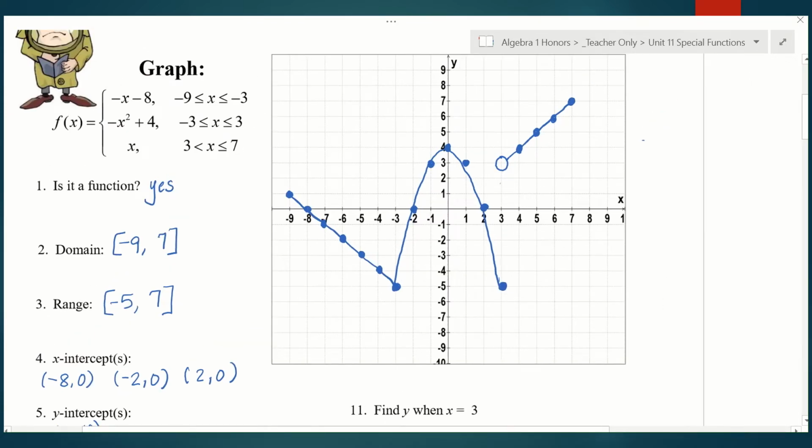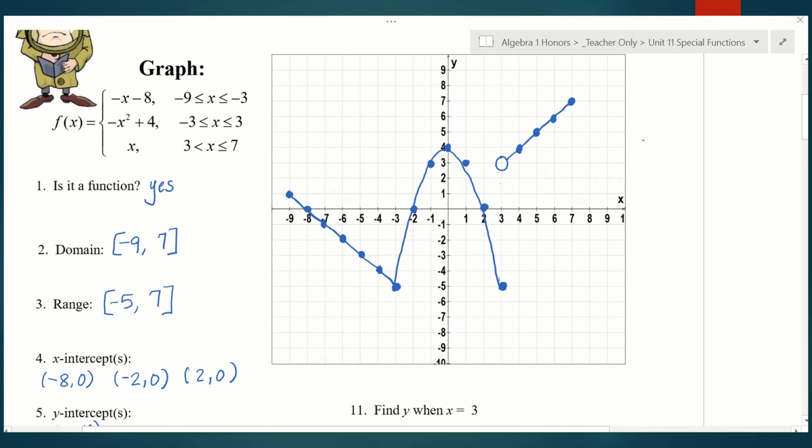Okay, and then it looks like I have one more interval here, and that is when x is 3 all the way until x is 7. So let's talk about that. When x is 3, y is actually -5, so I don't want to include 3.